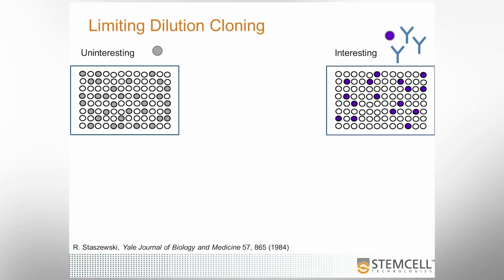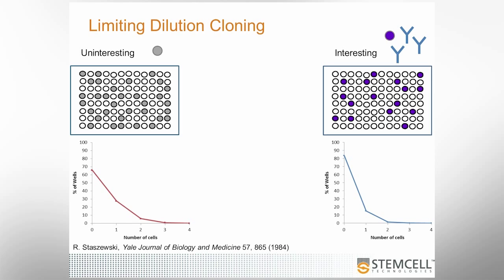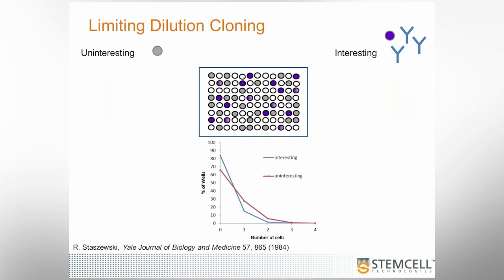And furthermore, they're actually distributed with their own independent Poisson distributions. But because they're distributed over the same physical space, they exhibit overlapping Poisson distributions on the plates. And this means that some of the wells are going to be seeded with both interesting and uninteresting cells. And this was described by Robert Strudewski in the Yale Journal of Biology and Medicine.